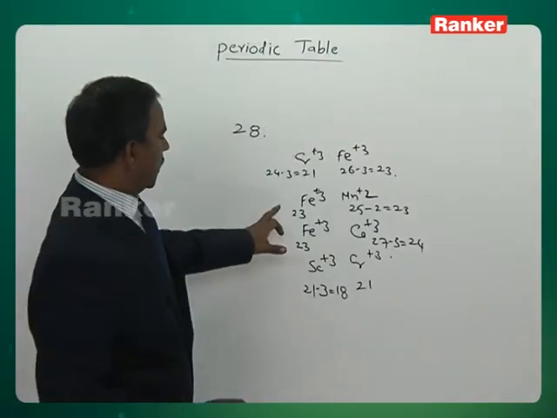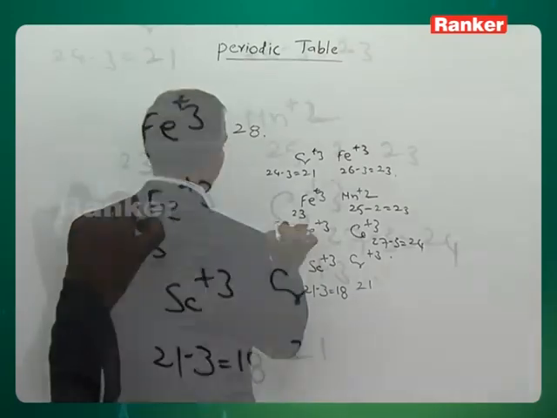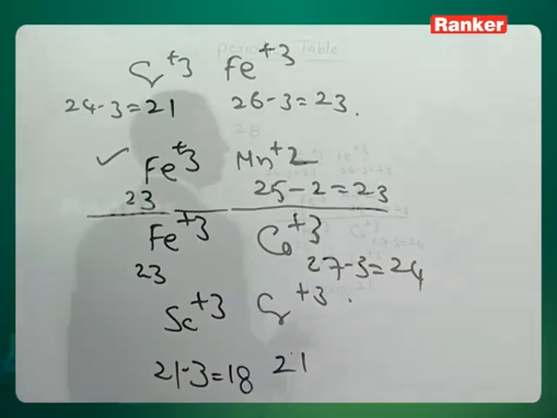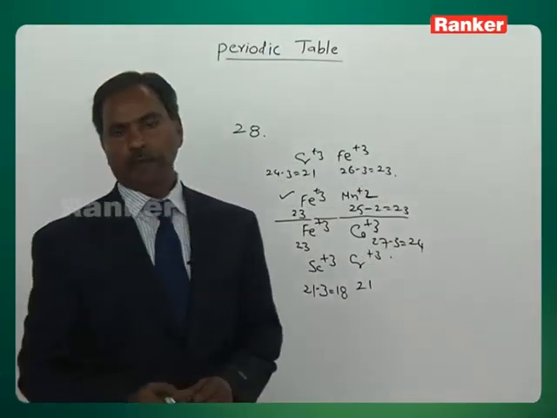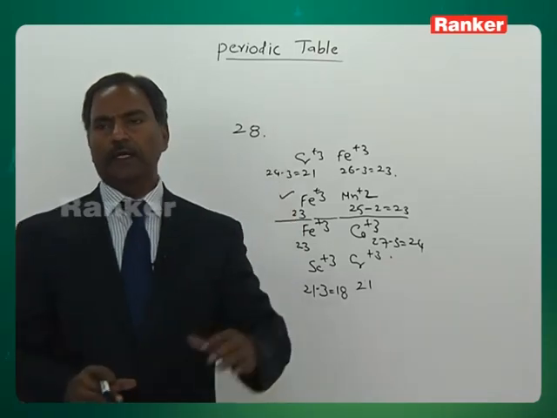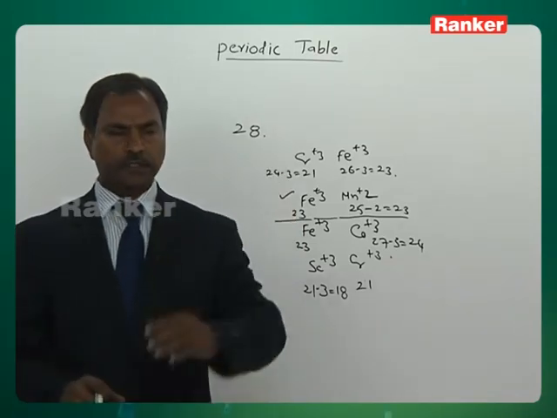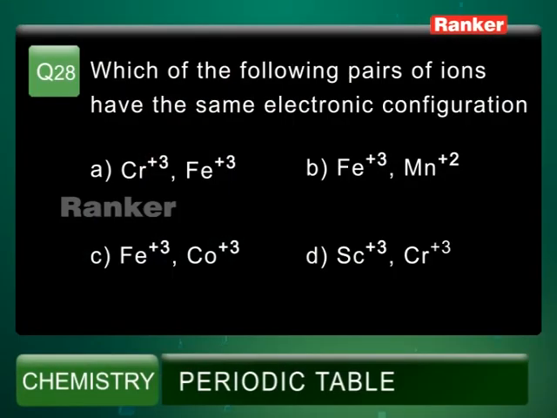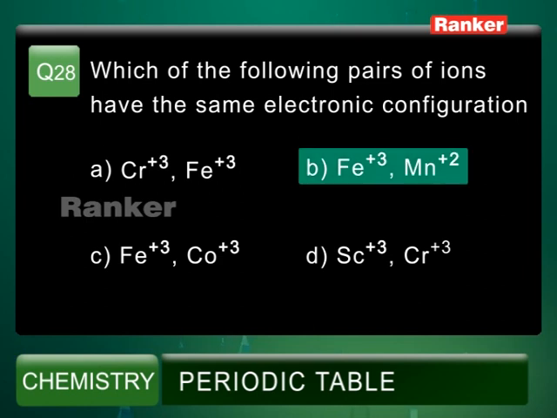See this option B, Fe plus 3 and Mn plus 2 have the same number of electrons, so the electronic configuration will be the same. For this you have to remember at least all the 3d elements so that you can easily answer this type of question. This type of question repeatedly appears in different entrance exams. So question number 28, answer is B.